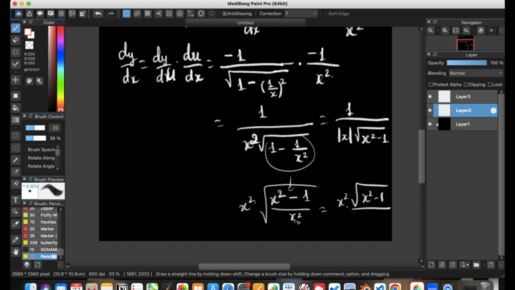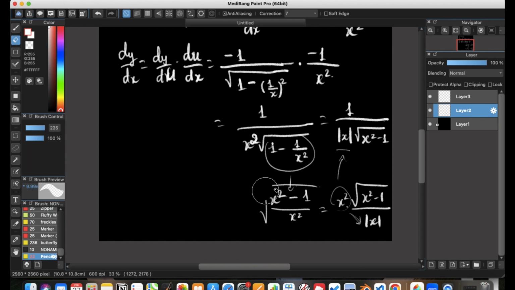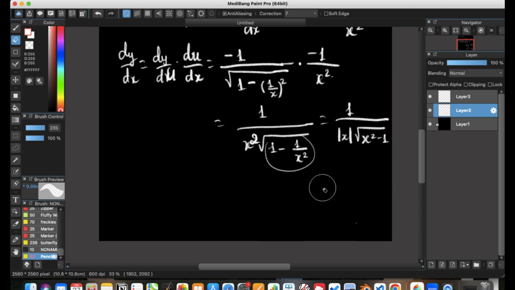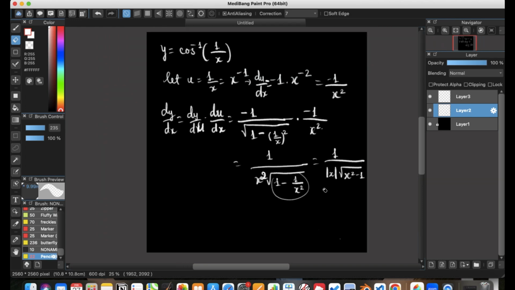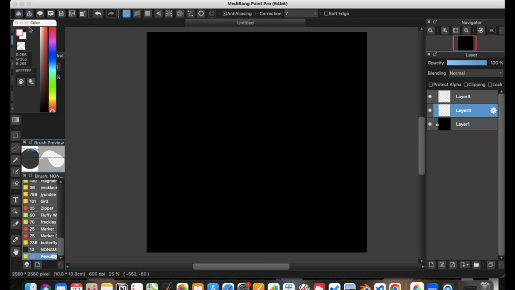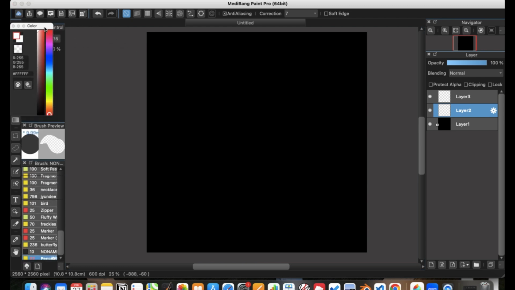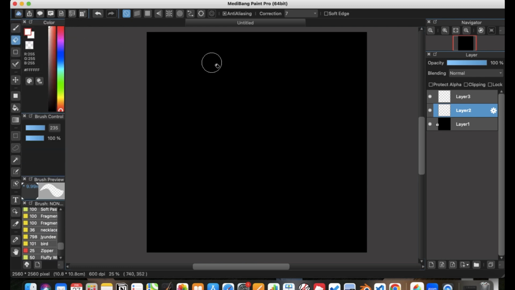And you know that we're going to take the positive value here. So we got this divided by this, which would equal this. That's why there is an absolute value sign there. Okay, so that's all about trigonometric functions and inverse trigonometric functions.